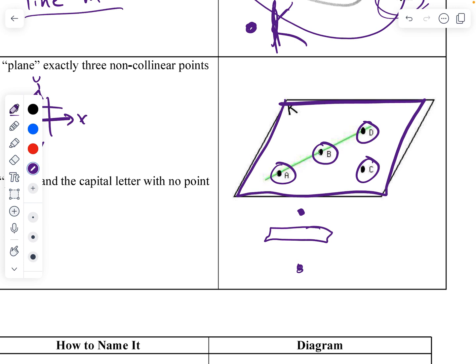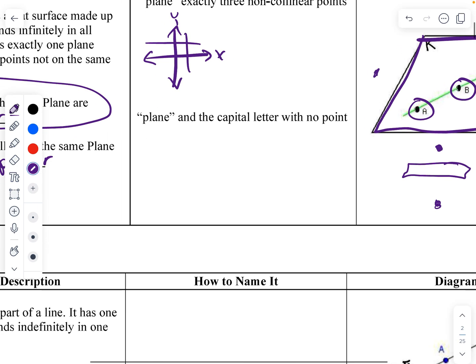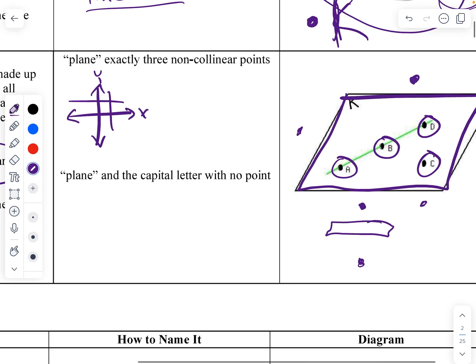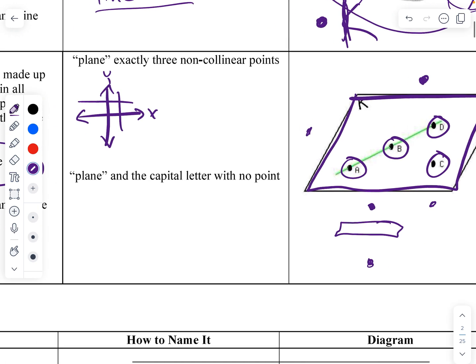How do we note that? We just write them outside of the plane like this. Or here, or here, or here. Then you know for sure that those are not on the plane. They would have to be either above the plane or below the plane. It's kind of hard to explain. We might get into that more when I get back.